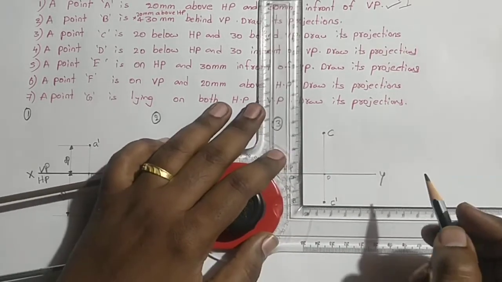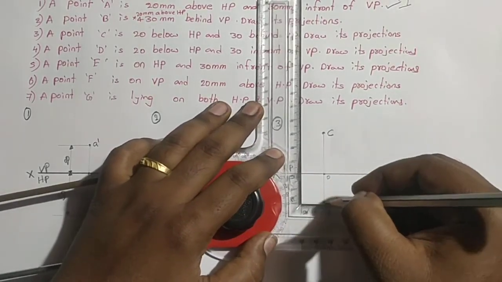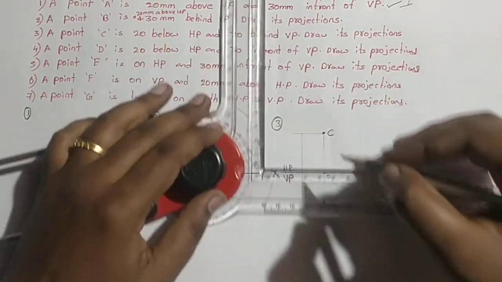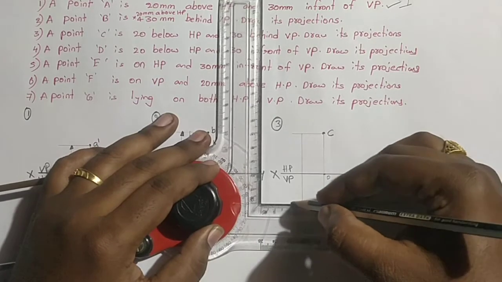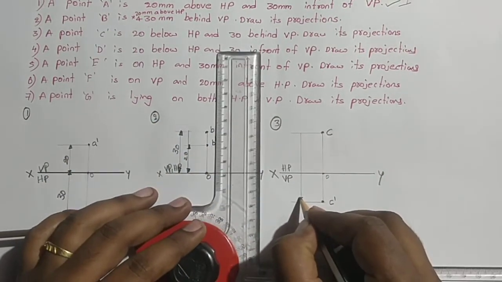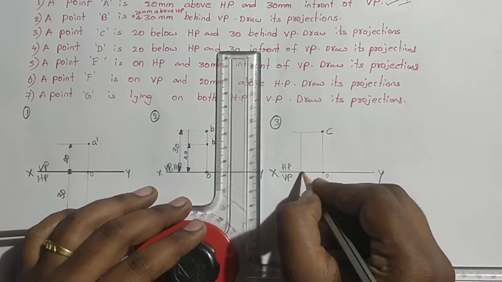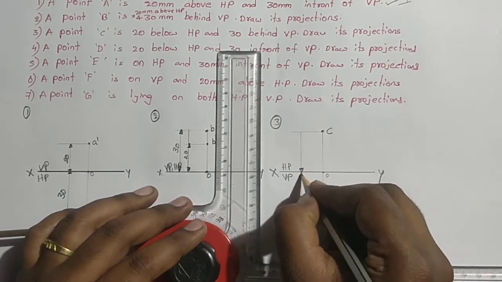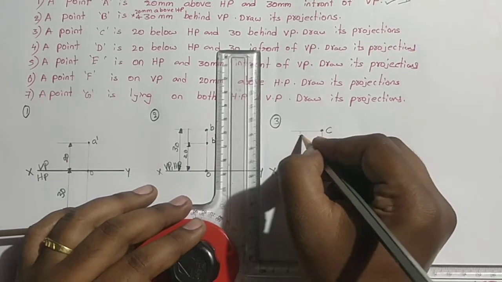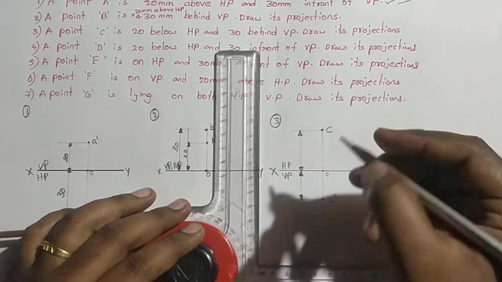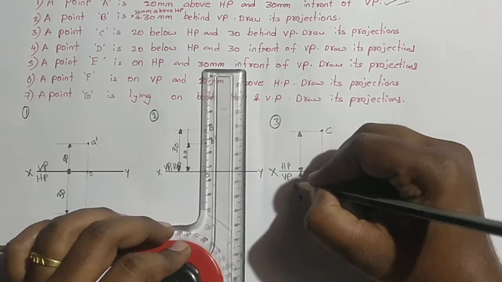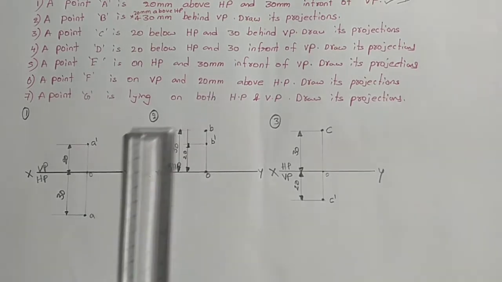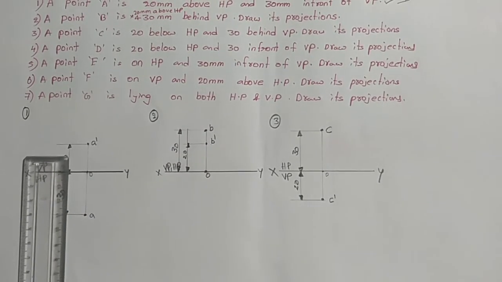Next, give the dimensions. From this point to this point distance is 20, and this point to this point distance is 30. Up to now we completed the third condition.